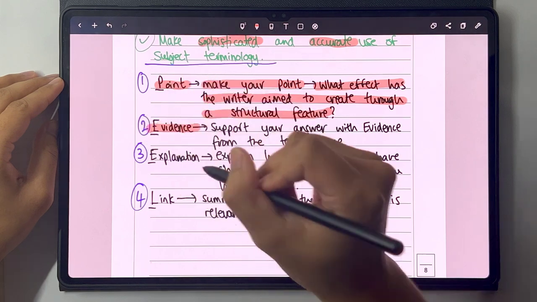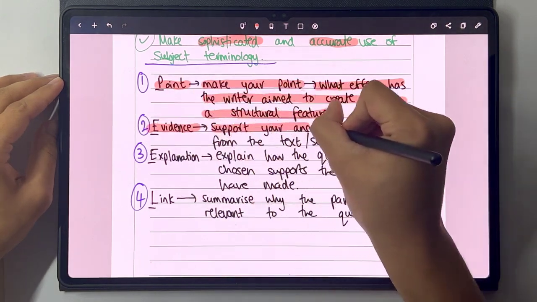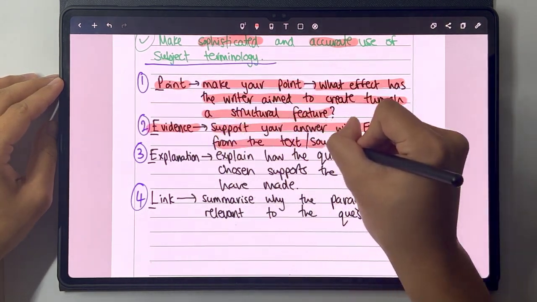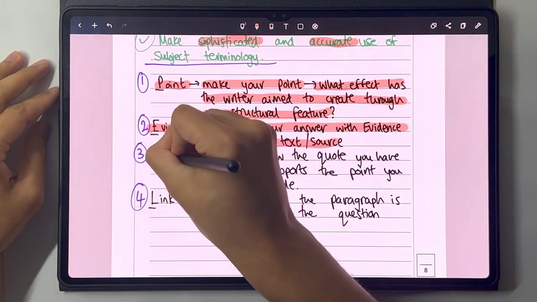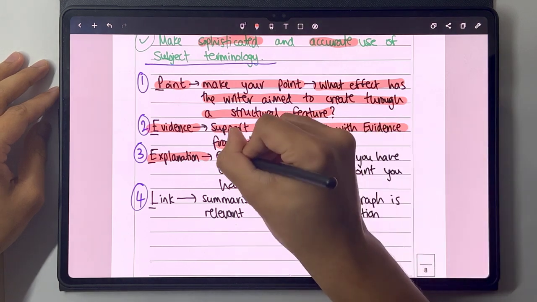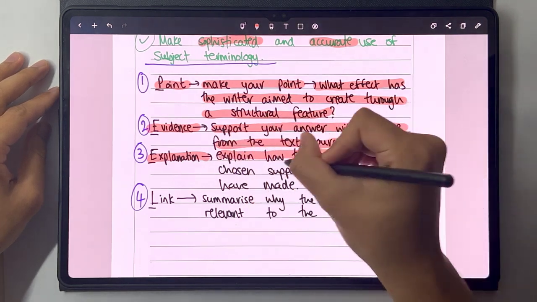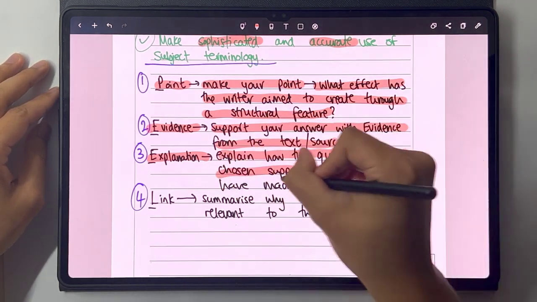Secondly, you have to show evidence. So support your answer with evidence from the text, from the source. Make sure you back it up with relevant quotes. Thirdly is your explanation. Explain how the quote you have chosen supports the point you have made.